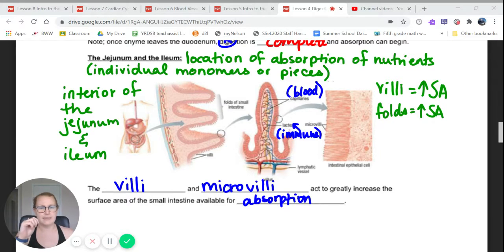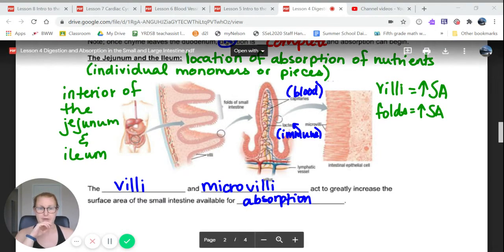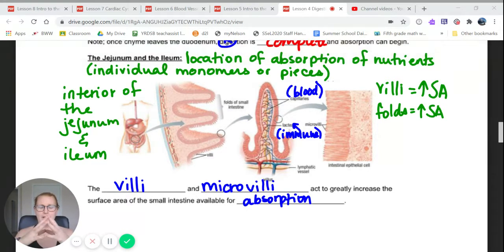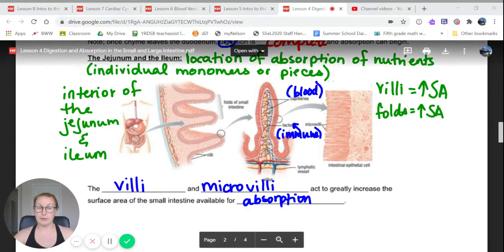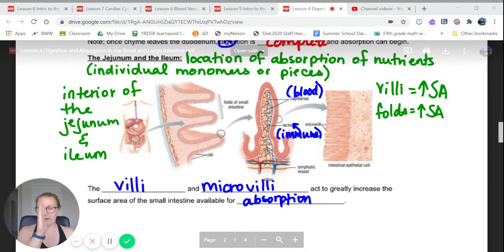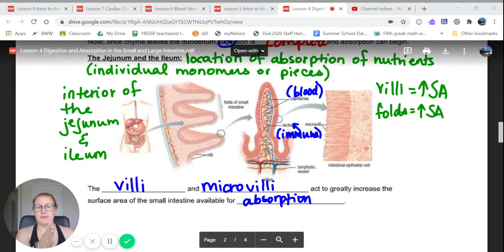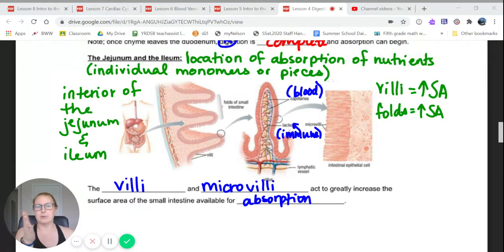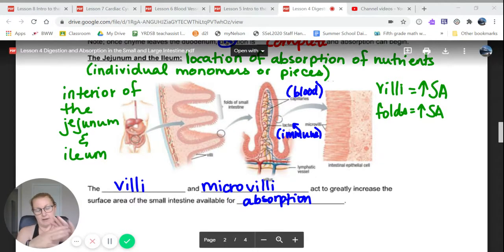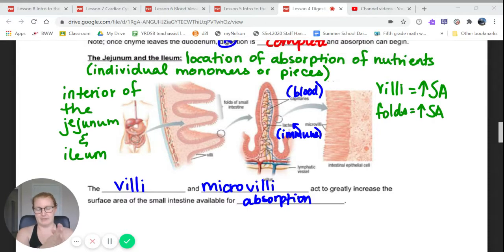So I want to just speak a little bit to this picture. Within our villi, we see capillaries, which are blood vessels, and right in the center, you will see the lacteal. The lacteal is sort of like a yellowish color in this picture. It belongs to the immune system, which is a lymphatic vessel essentially.